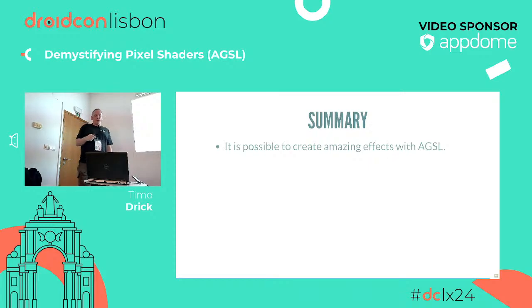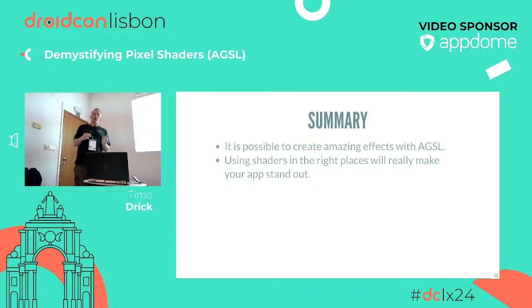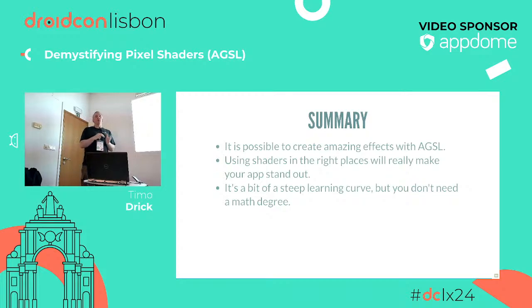So just a short summary. You can create amazing effects with AGSL. It's not used a lot currently, so your app will really stand out. But of course, it has a very steep learning curve: you have to learn a new language, and it's mentally a little bit different from drawing normal lines and using coordinates.